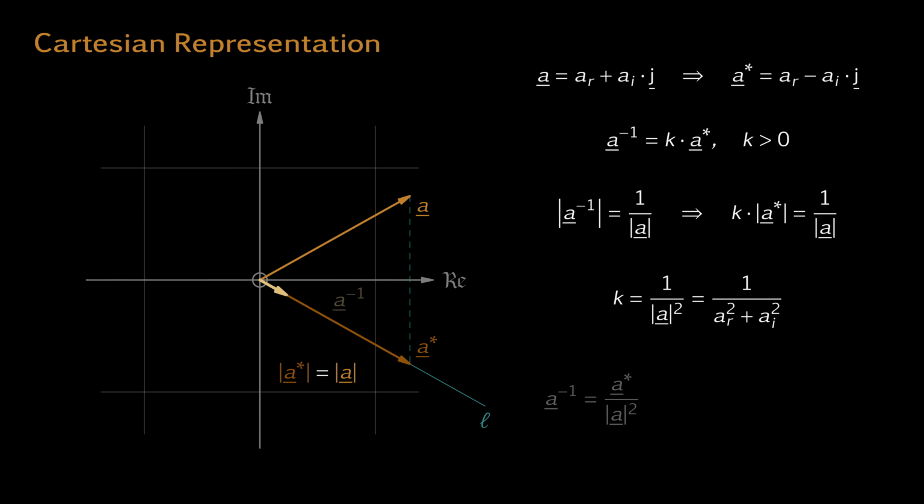Thus, the reciprocal a to the minus 1 is given by the complex conjugate of a divided by the squared modulus of a. So the real part is ar divided by ar squared plus ai squared, and the imaginary part is minus ai also divided by ar squared plus ai squared.